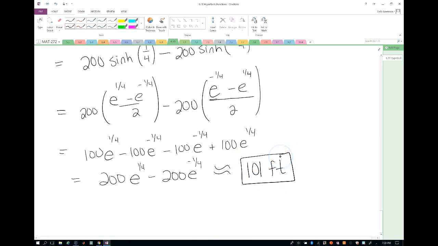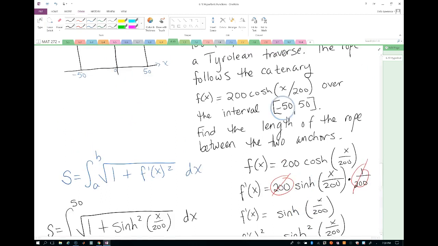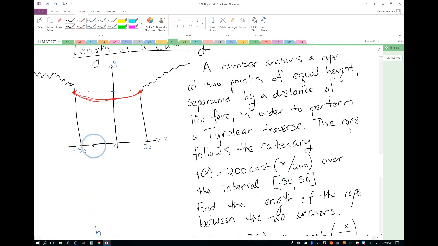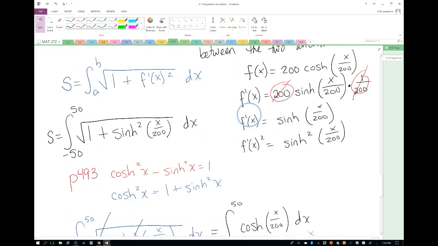So this rope is pretty tight. If you look back at the graph, the straight line distance between them was 100, but the total length of rope we need is only 101. So we only need 1 extra foot of rope, which means it's not sagging that much. It's pretty taut.